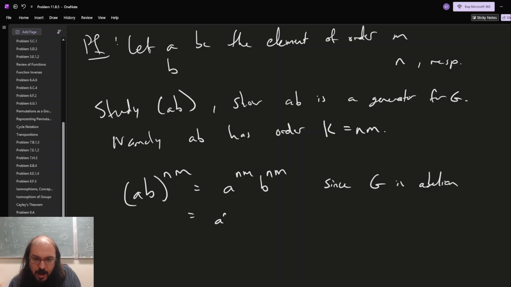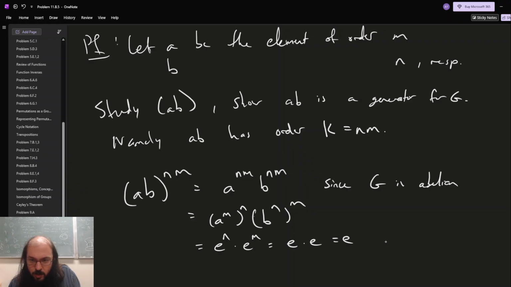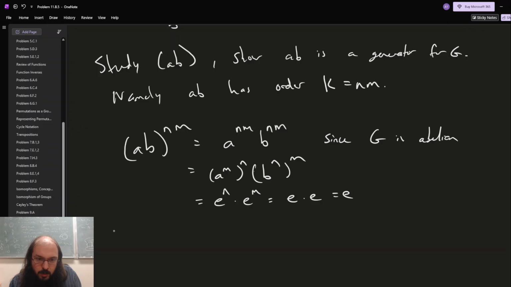This is A to the M to the N, B to the N to the M, and M was the order of A, and N was the order of B, so this is E to the N times E to the M, or E times E, or E. And so, therefore, K, the order of AB, must divide MN, right?